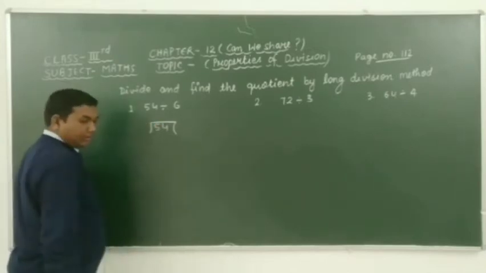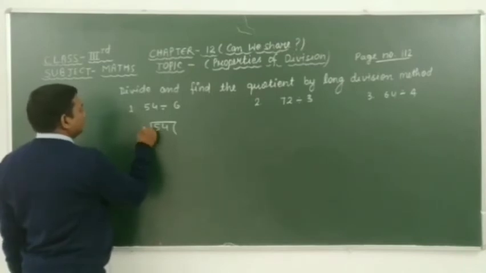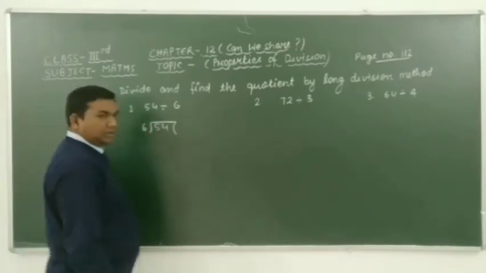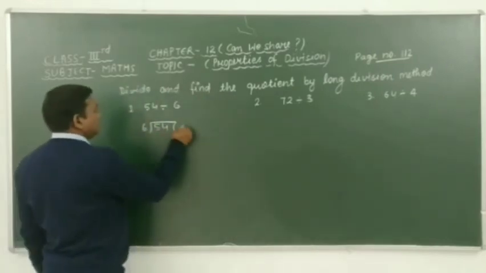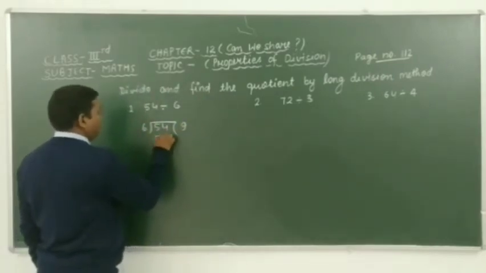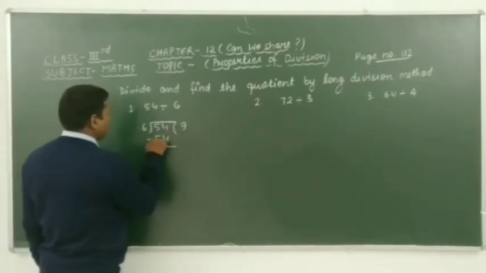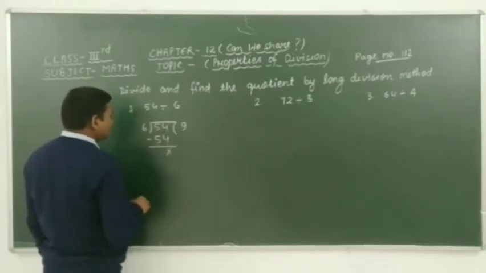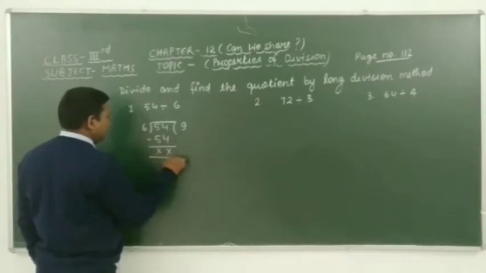Recall the table of 6: 6 nines are 54. After subtracting these we get 4 minus 4 is 0, so we write a cancel mark, and 5 minus 5 is 0, so again we write a cancel mark.